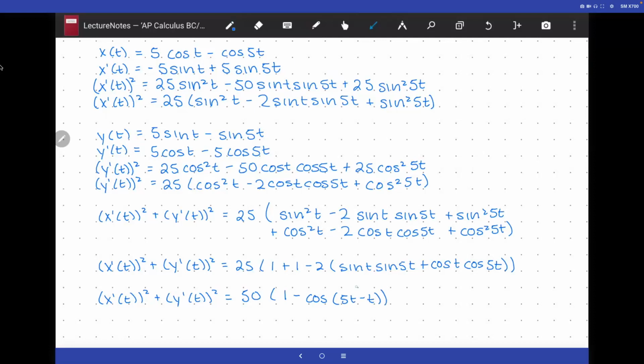That's why this can work. We don't really know if it should be 5t minus t or t minus 5t. But either way, because cosine is even, cosine of -4t equals cosine of 4t. So do whichever way you want. And then we know that's going to be 4t. We can put that in our integral.